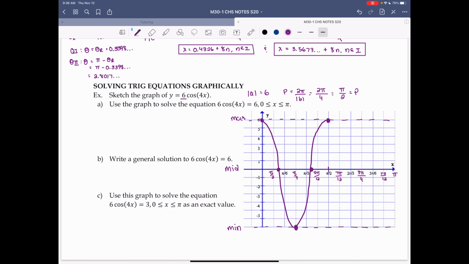Then we can repeat this process for our next cycle. So each time I moved over 1.5 on the x-axis. So I'm starting from a max, I'm going to move over 1.5 and come down to the midline and put a point there between 7 pi over 12 and 2 pi over 3. Then I'm going to move over 1.5 units on the x-axis and go down to the minimum.